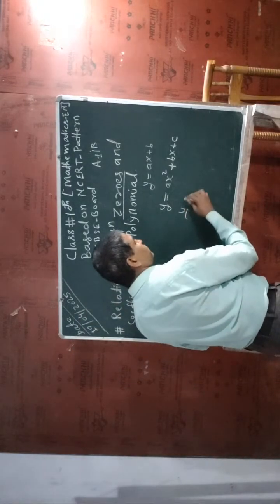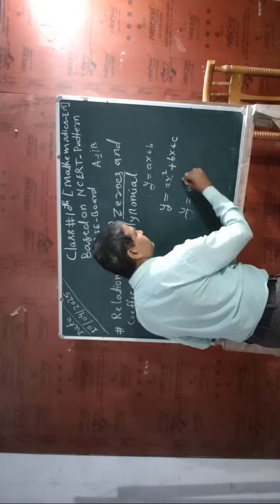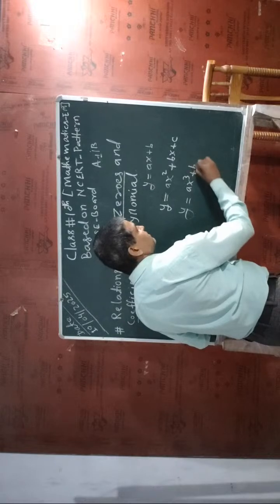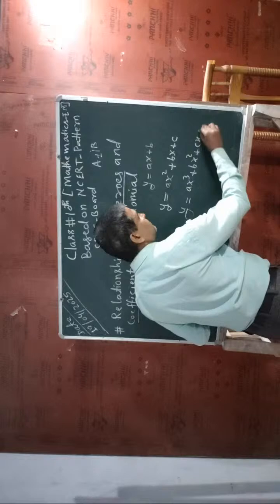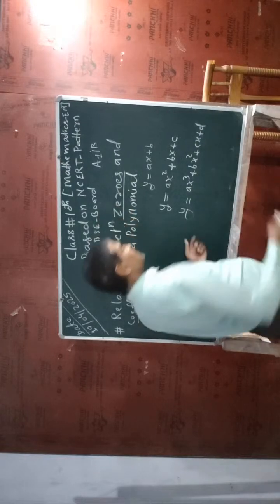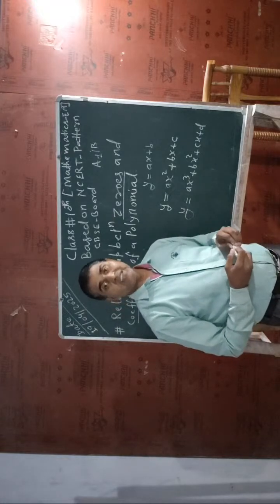And third is the cubic polynomial, which is available in my syllabus. I will write ax cube plus bx square plus cx plus d. It has degree 3.